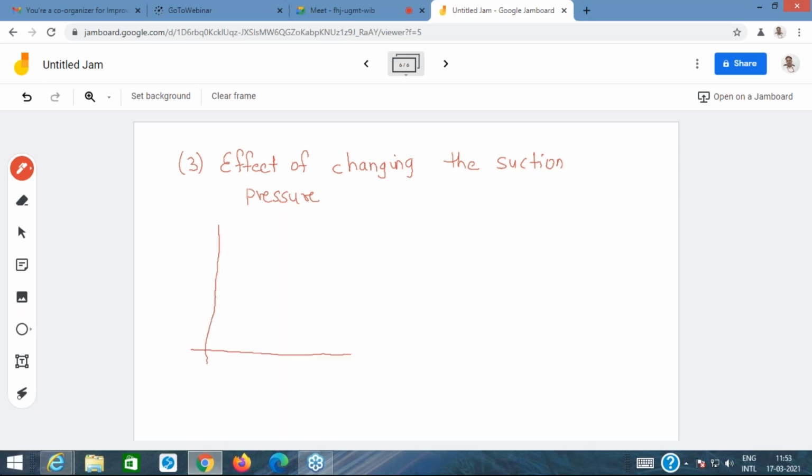so again I represent the process with and without change in the suction pressure on a pressure enthalpy diagram. So this is one line and this is the other line.